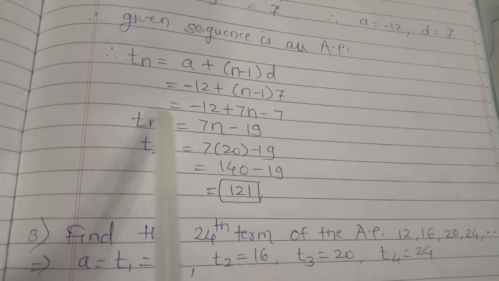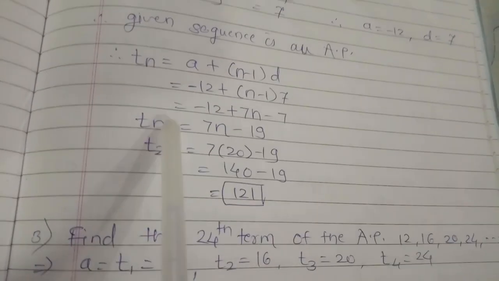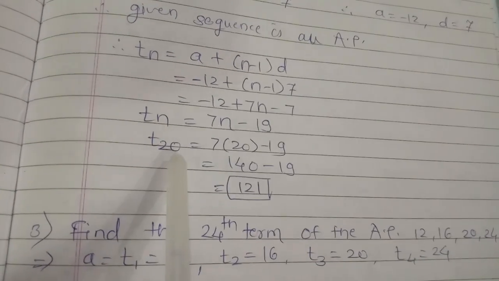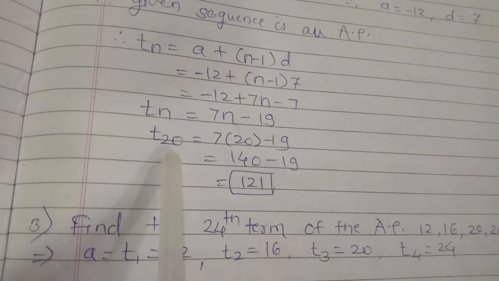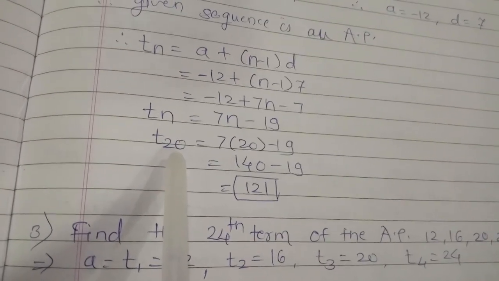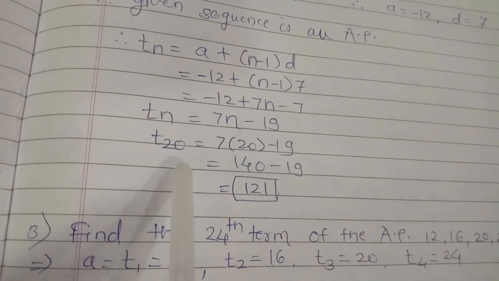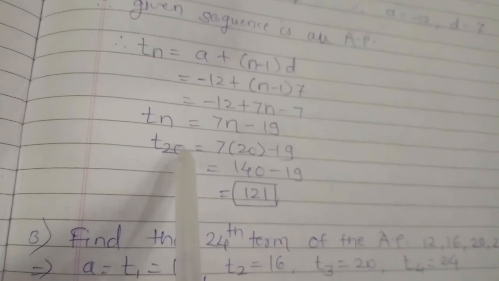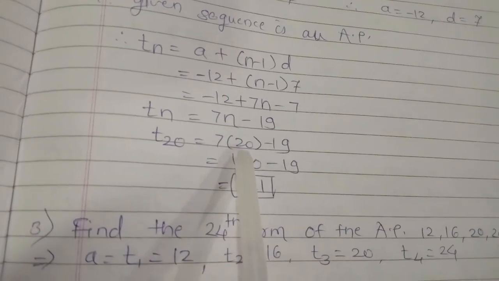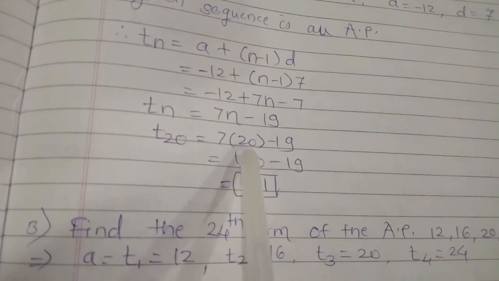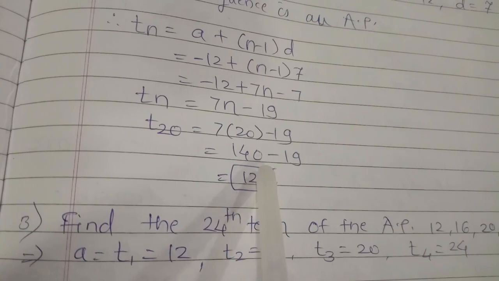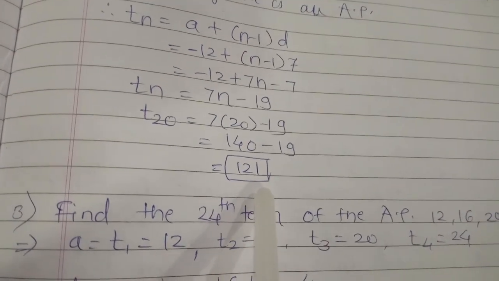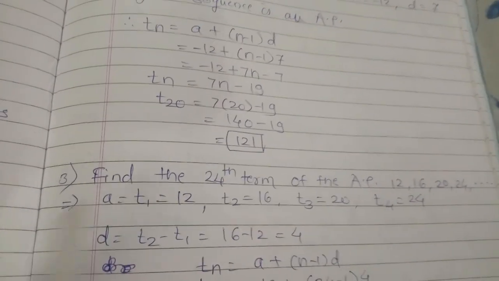In the example, n is equal to 20, so instead of writing n we write 20, because the nth term is the 20th term. So put n is equal to 20, wherever there is n we put 20. So 7 into 20 minus 19, so we get 140 minus 19, so the answer is 121.